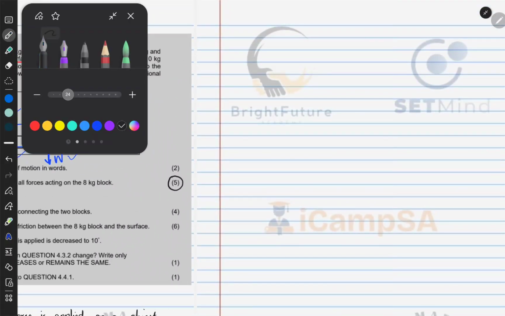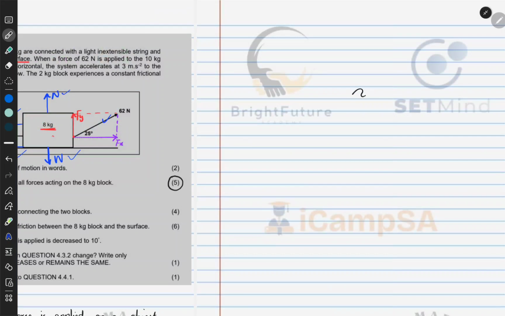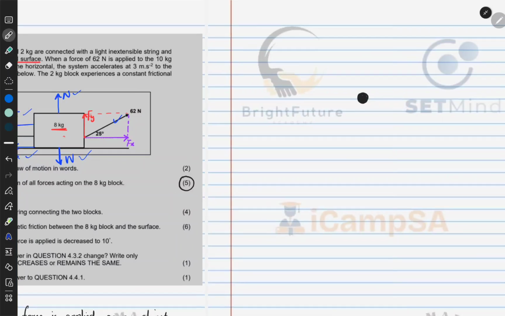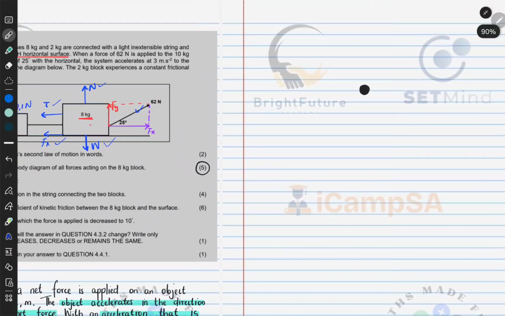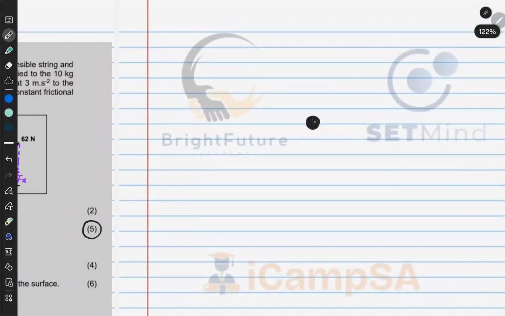We just draw a dot first. It'll be a big dot here because I saw there's quite a number of forces. We're just trying to make sure they all fit in this dot. And then we start with the given force, the 62 newton force.